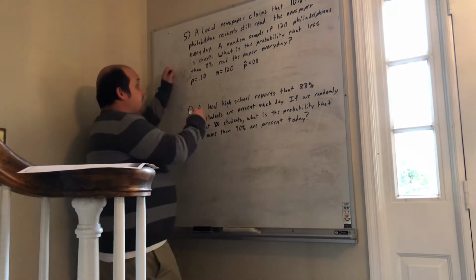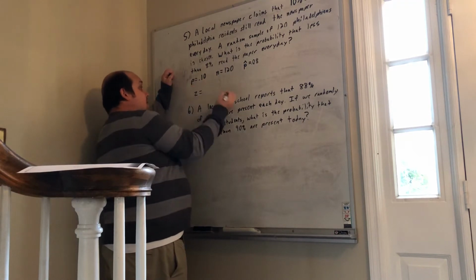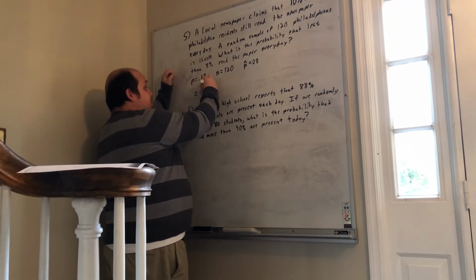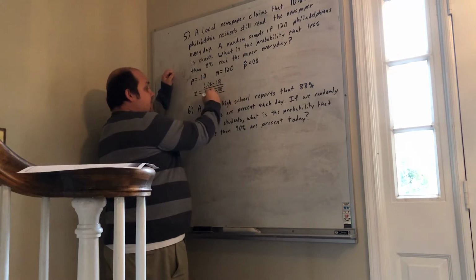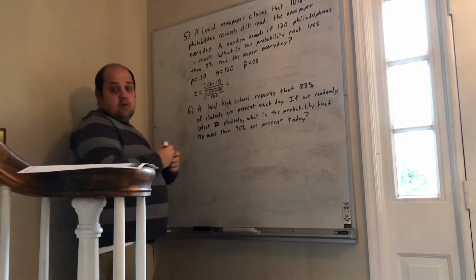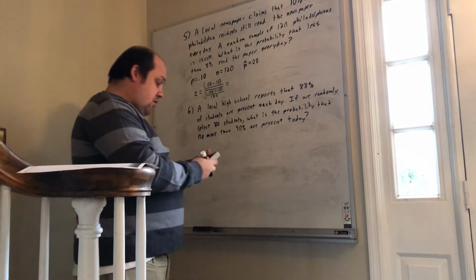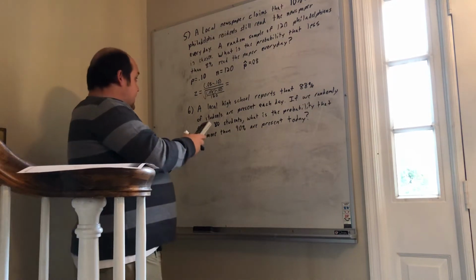If I now set this up as a z-score, z equals our sample proportion, 0.08, minus our population proportion, 0.10, divided by the root of the population proportion, 0.10, times 1 minus 0.10, all over the sample size, 120. So I take out my calculator to find this z-score.